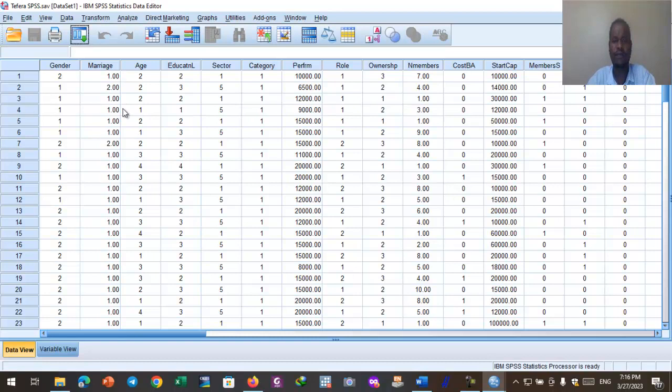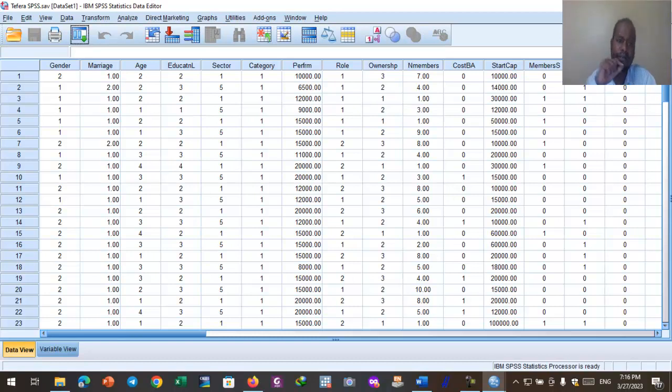I have data on different variables, but from these variables we will be interested in just two. When we are running an independent sample t-test, the requirement is that there should be two variables, one dependent variable and one independent variable.